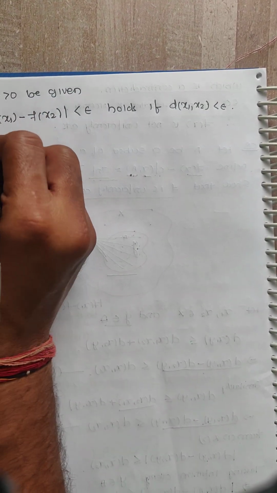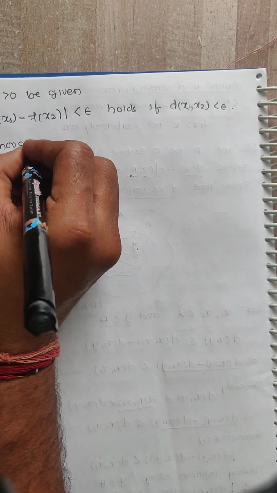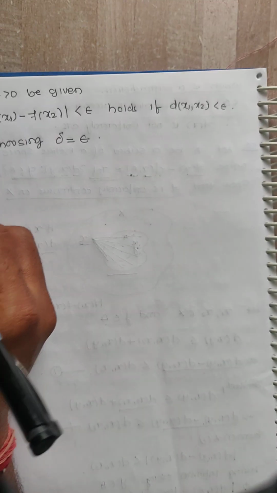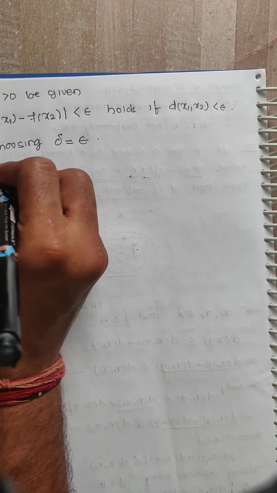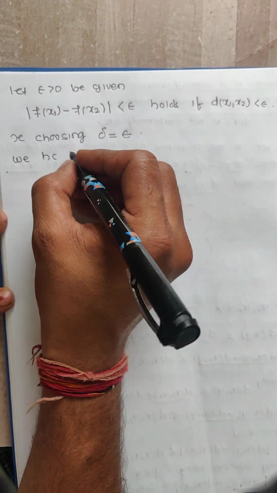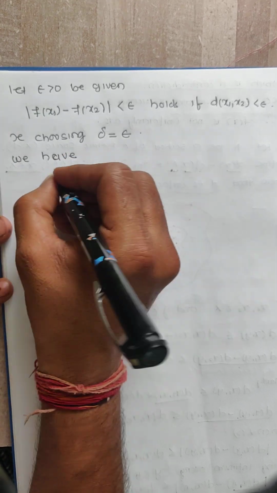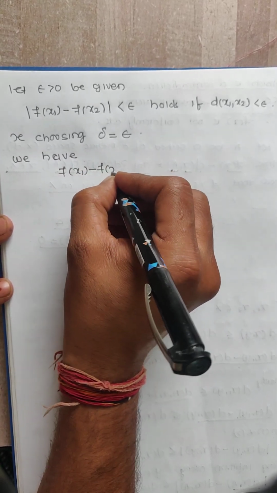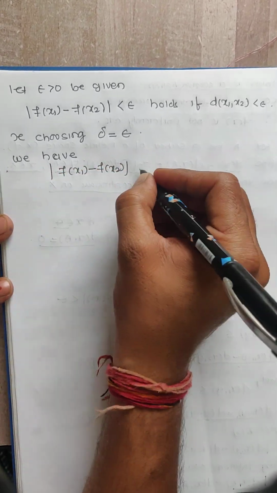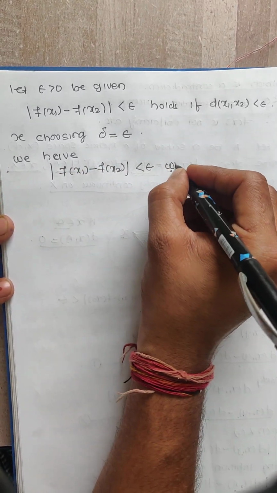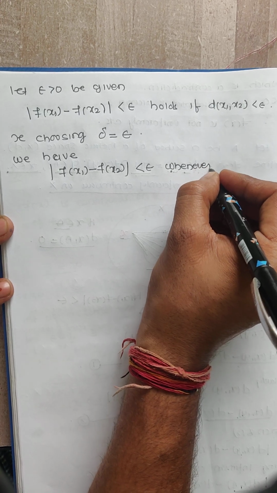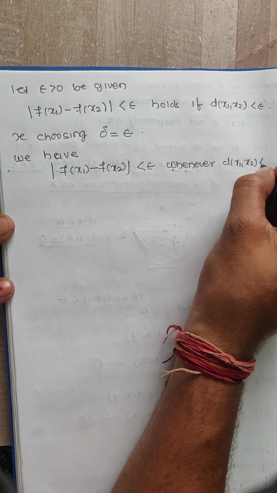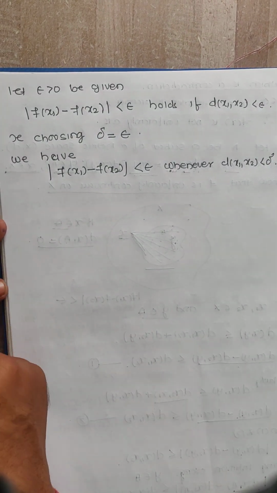That means choosing delta equal to epsilon, we have the distance between f of x1 and f of x2 is less than epsilon whenever the distance between x1 and x2 is less than delta.